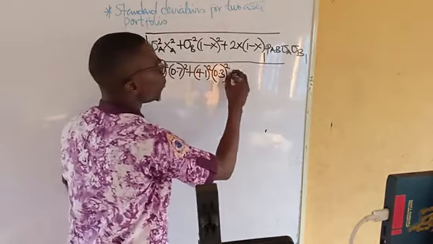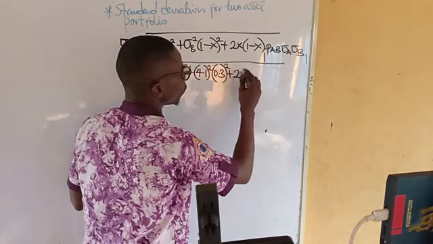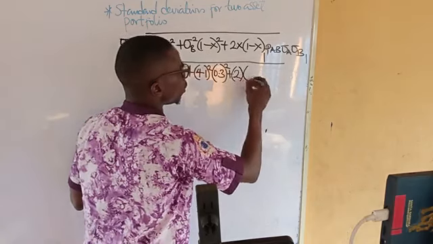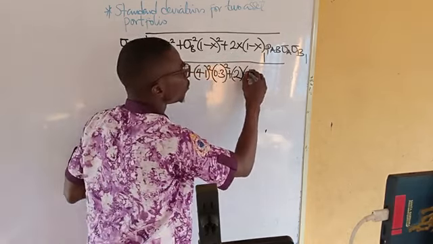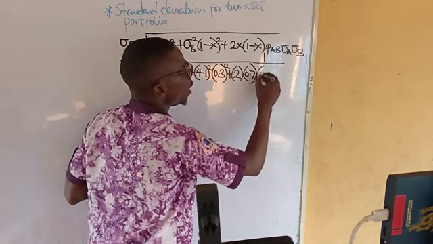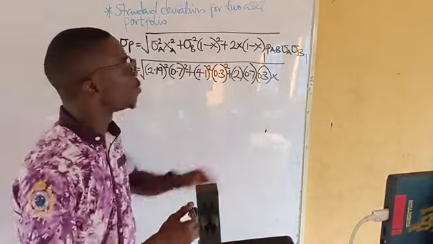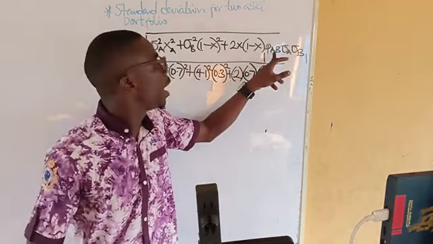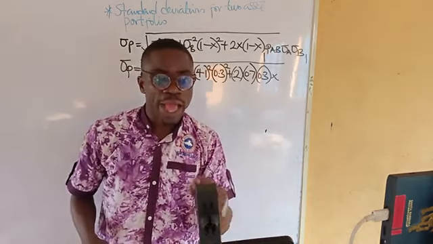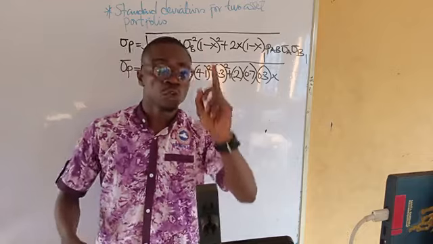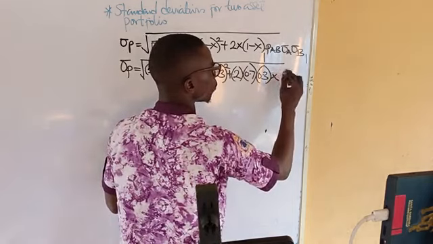So let's move here now. Plus what? 2 times, let's bracket the 2, times the weight of A, which is 0.7, times the weight of B, times what is this? This is rho AB. I told us that it is the correlation coefficient, and they have given us the correlation coefficient to be plus 1.